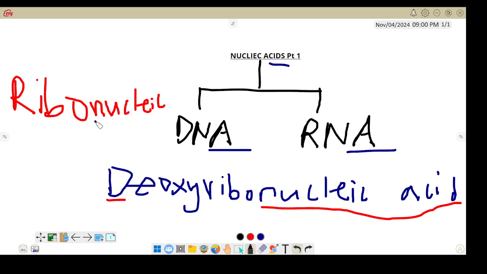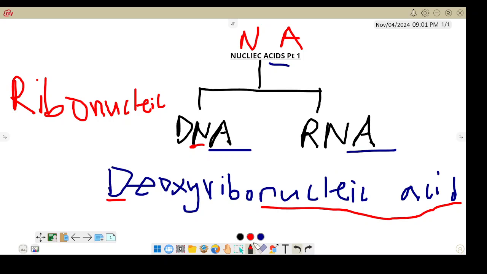Again, one thing you take note of is this nucleic acid. Are you seeing it's coming out everywhere? NA simply means nucleic acid, and this is our topic. You have seen DNA and RNA. The only difference is this D and R. One is deoxy, and the other one is ribo.